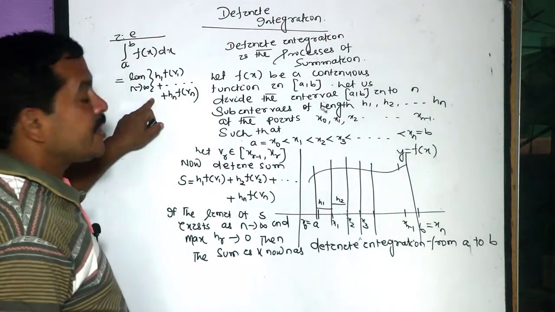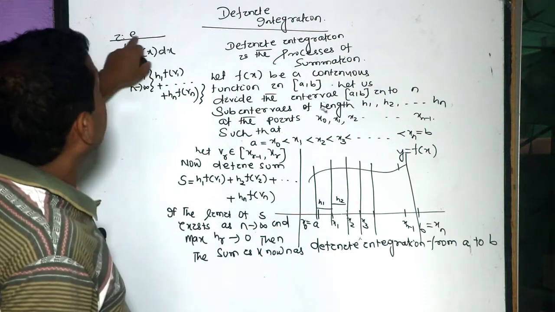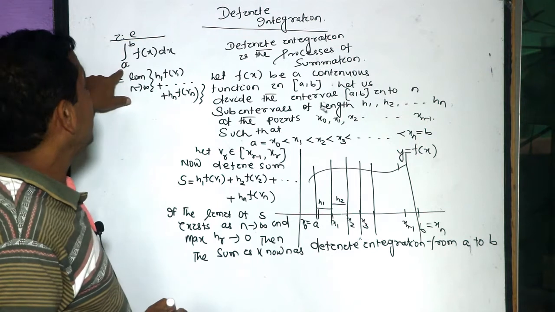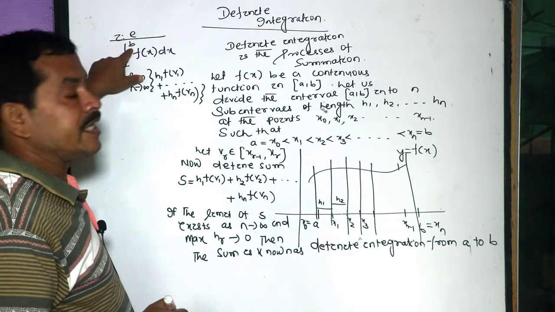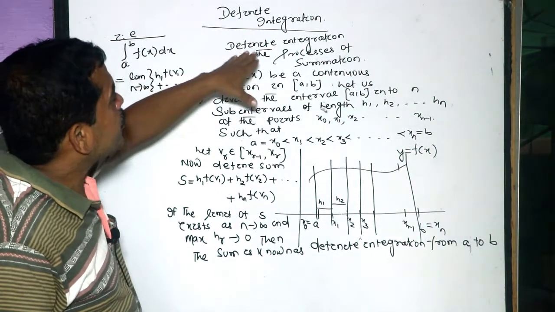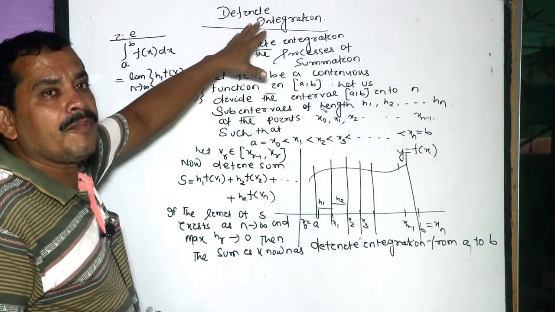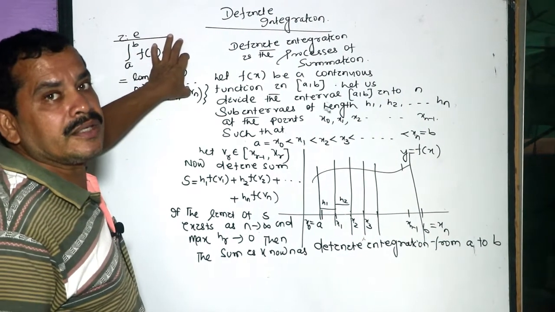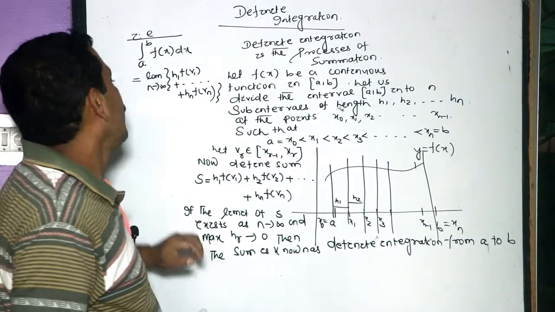This sum is known as the definite integration from a to b of f(x) dx, where a is called the lower limit of the integration and b is the upper limit of the integration. So definite integration is the process of summation, and indefinite integration is the collection of primitives. Its value is always a constant, but in indefinite integration it is a variable.